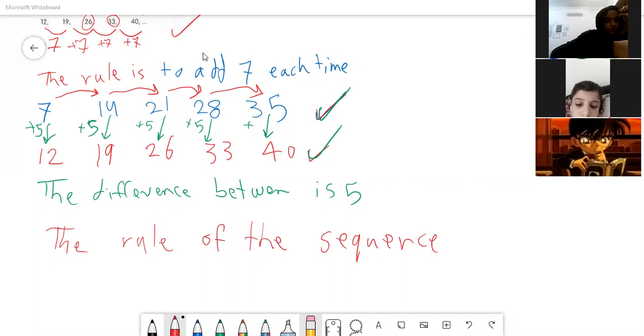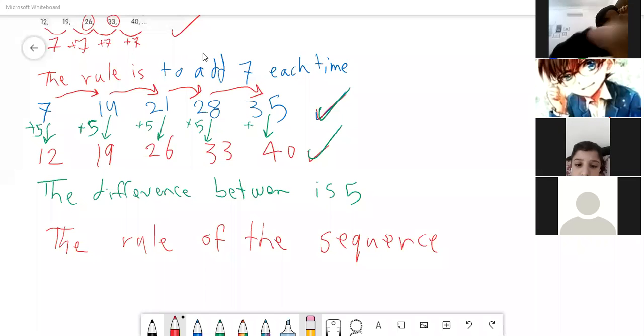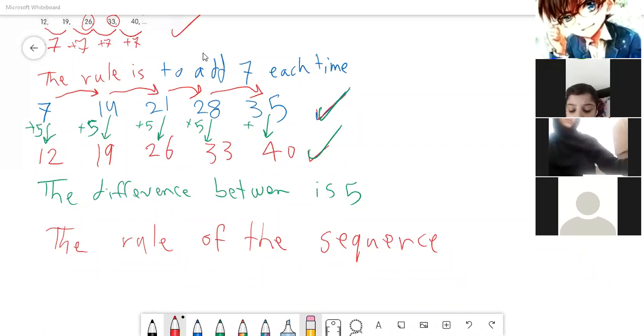Yes? Teacher, the rule is the difference 5.